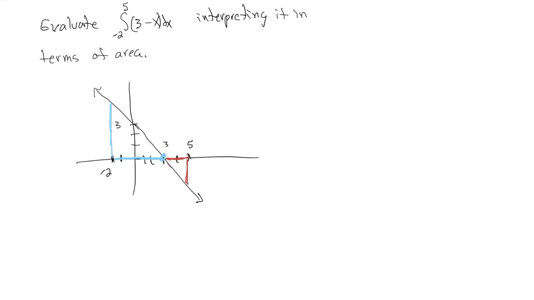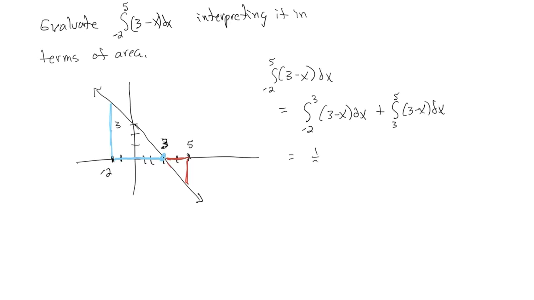So again, I'm going to write this out conceptually: our integral from -2 to 5 of the function 3 minus x. We're going to go from -2 to my x-intercept of 3 and calculate the area of that triangle, and then go from 3 to 5 and calculate the area of that triangle.